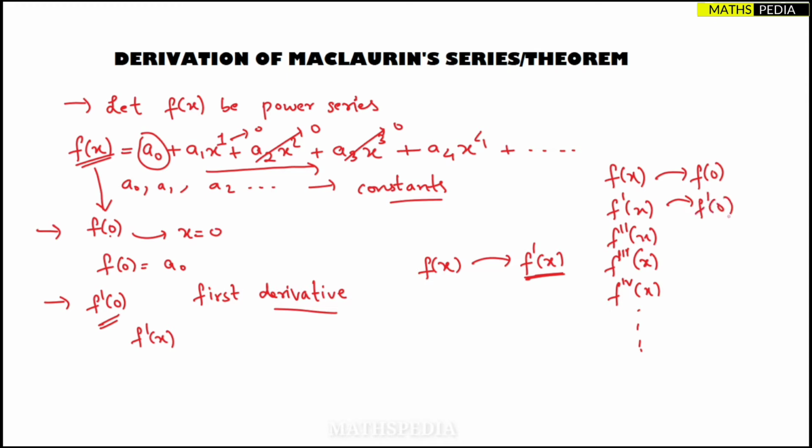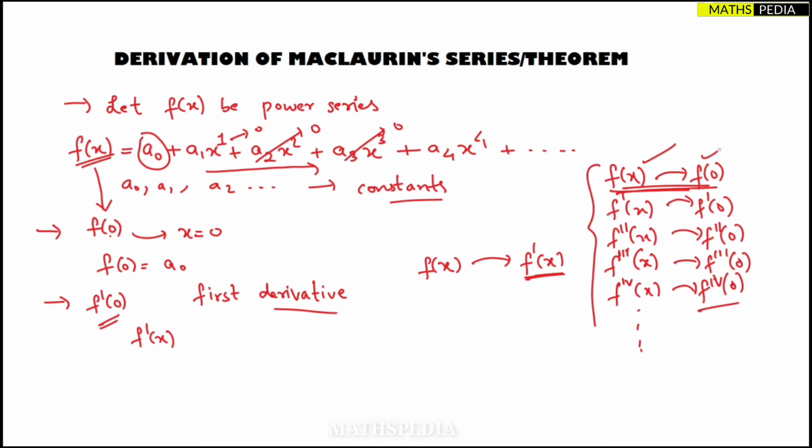So f dash of 0, corresponding f double dash of 0, then the third derivative, and then the fourth derivative. This is what we are going to do. Okay, so first step, this part is finished. We considered f of x, we found out f of 0. Okay, done.